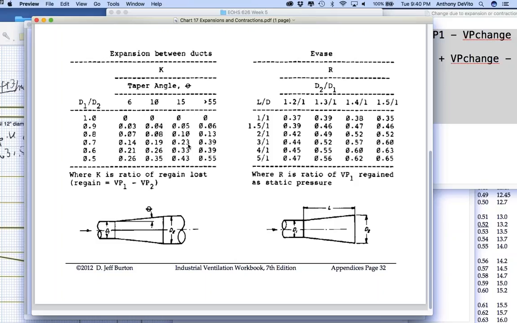That's my K factor. Now, what do I multiply my K factor by in order to determine the static pressure loss? You multiply it not by the first velocity or the second velocity. You multiply it by the difference in the two velocities. What's the difference in the two velocities? Well, we have to calculate that. What's the difference in the two velocity pressures?